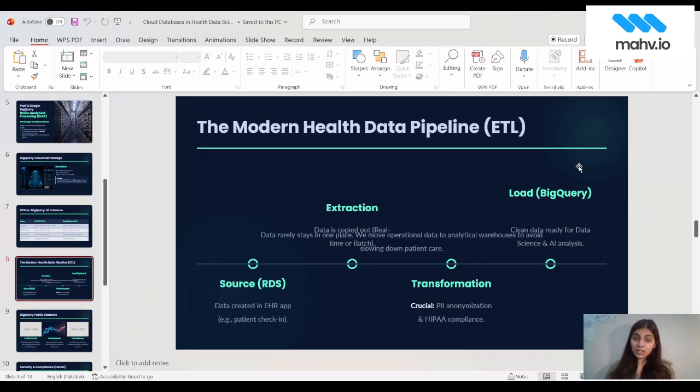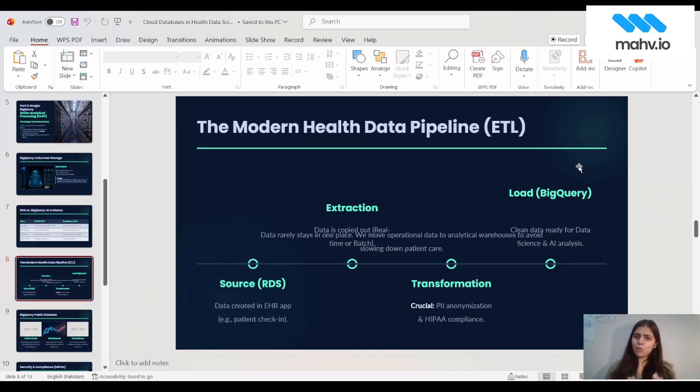And the important step is that you'll be transforming that data. How to transform that data? You're going to remove the names, the NICs, CNICs, and then you can anonymize the data, because for research purposes you have to keep the data private. You have to make sure that you're not invading the privacy of the people, and the data is secure enough. Then you'll be loading it to BigQuery.